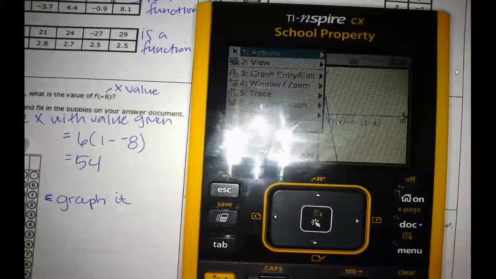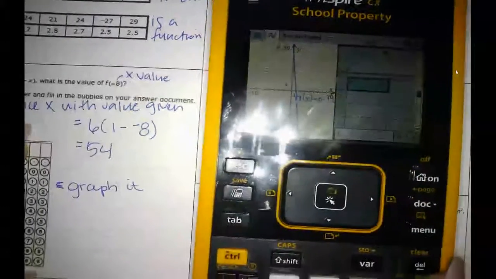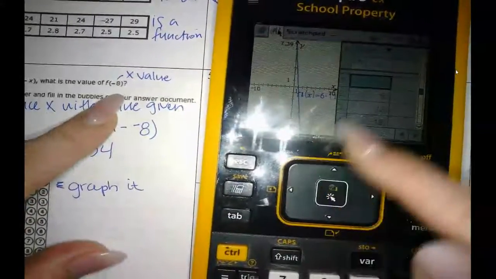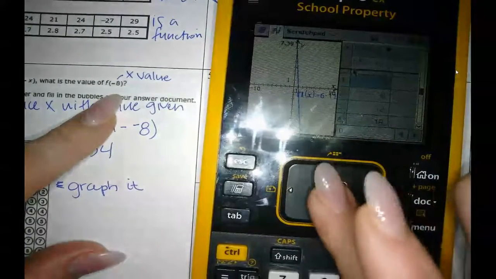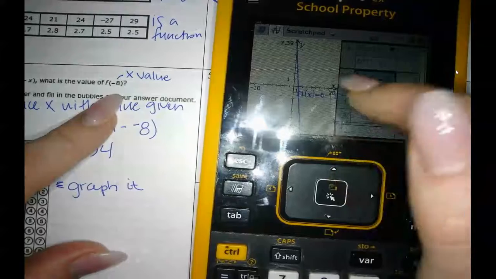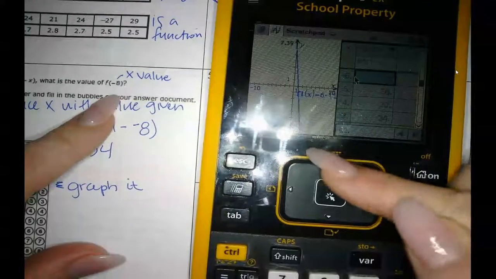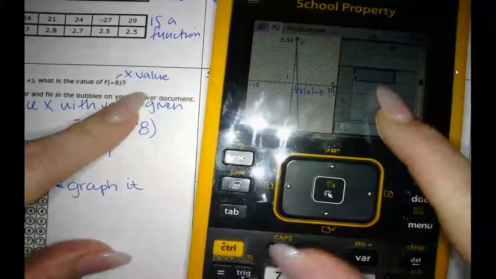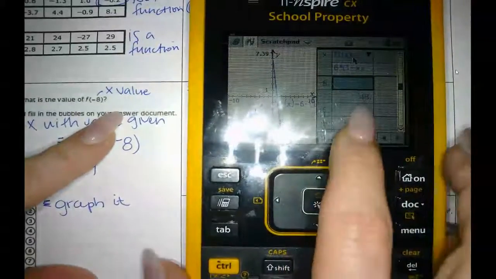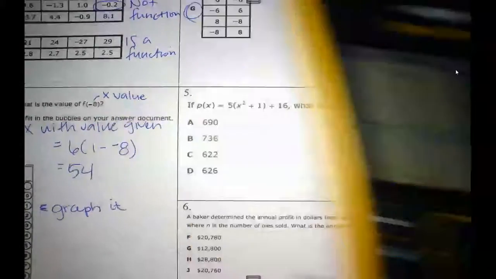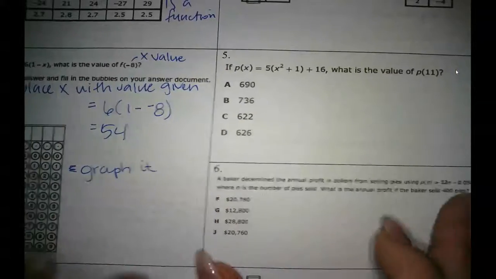And then I go to menu 7, which is my table. And then I scroll up so that this column right here until I get to negative 8. And that is 54. It's hard to see. Sorry, I got my lights off. But that's 54. So either way works. And you can always do one way and then check it the other way.